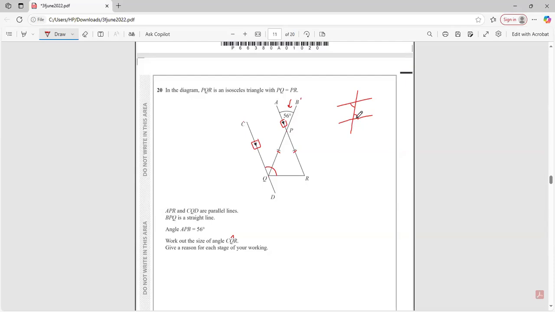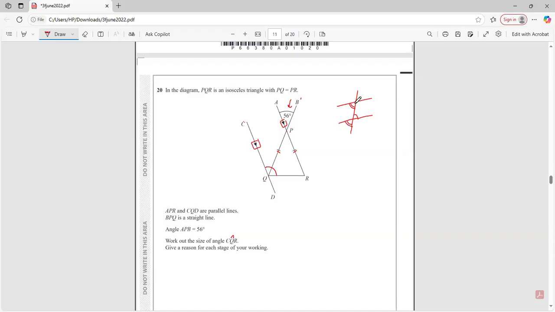Now, we have corresponding angles. Those ones are not Z angles. So if you want to look at the corresponding angle in this case I just talked about, then corresponding angles are the angles which are on the same side of the parallel lines. So the corresponding angle to this angle I just marked is going to be this.